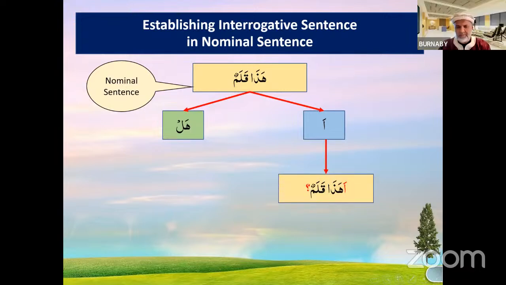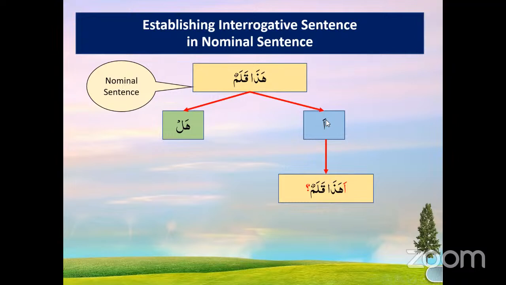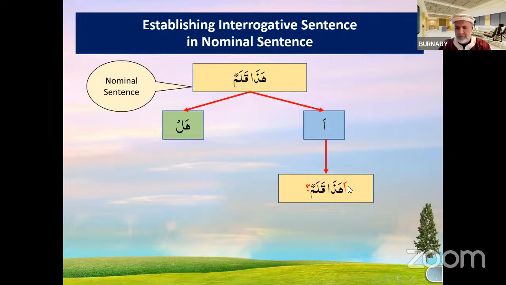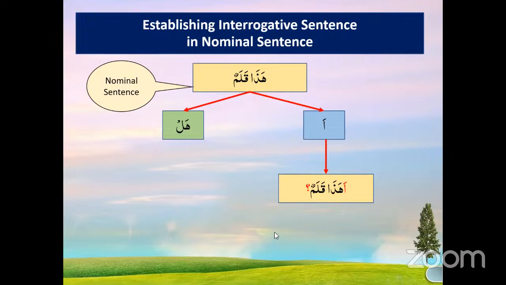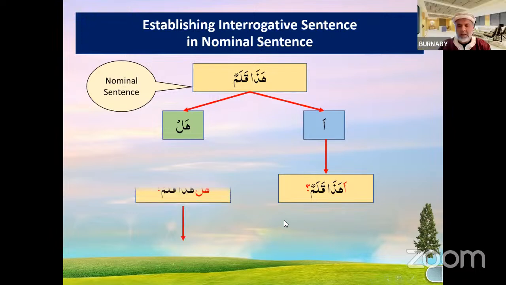Is this a pen? You see what happened? As soon as you put the alif with the fatha, or the hamza, in front of haza, it becomes a question. Now, can you answer by saying yes or no? Yes. Haza kalamun, naam. Or you can also use hal haza kalamun, same thing, no difference.